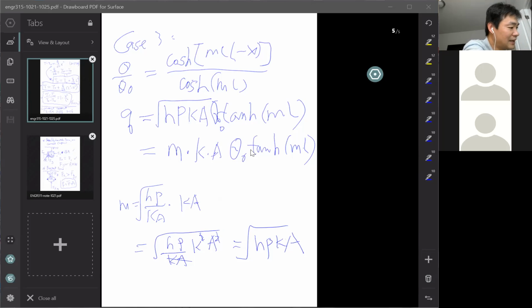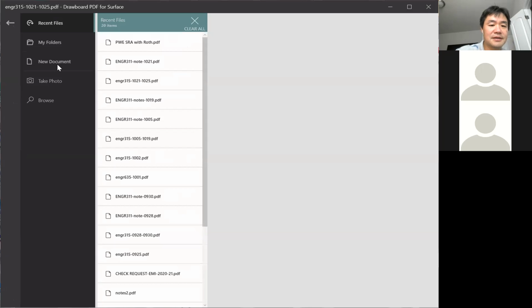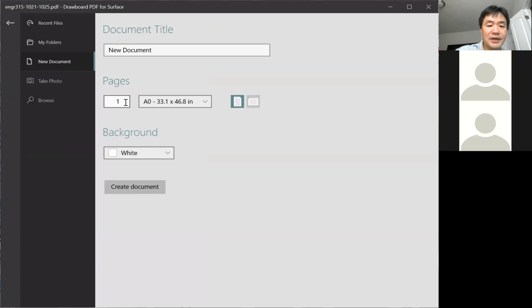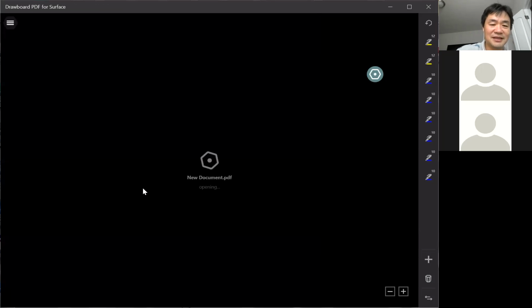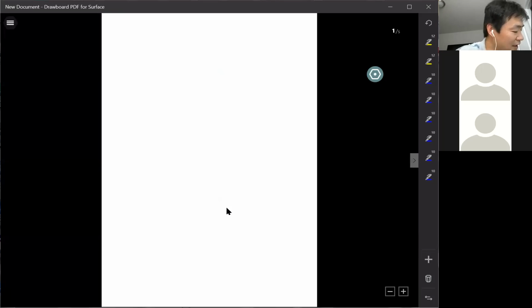Now today, before I give you the example, I want to complete most of the theory, giving you some more equations. So the fin efficiency is one thing that is important to discuss. Always when you design something, you will ask, is this thing efficient? Can it remove enough heat to be worth the money, right?